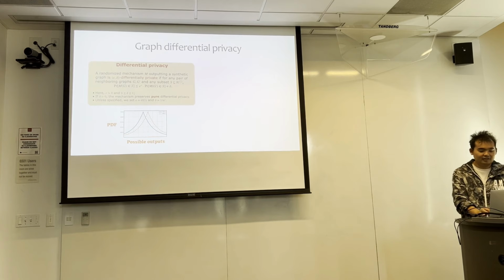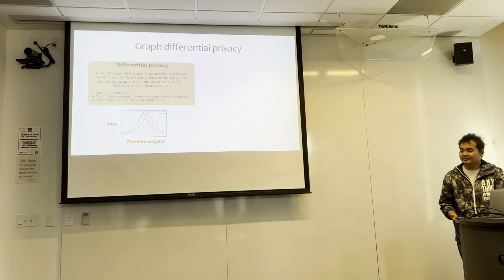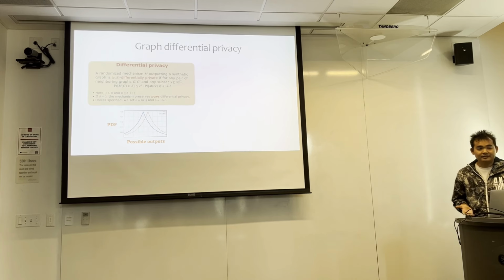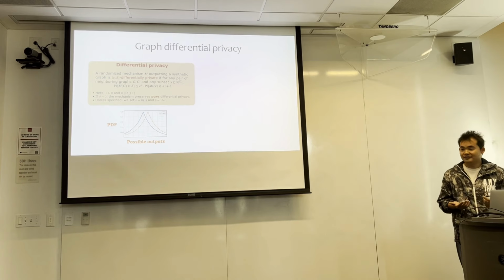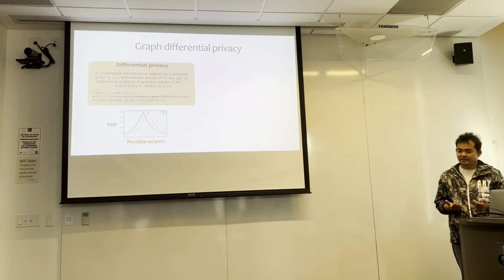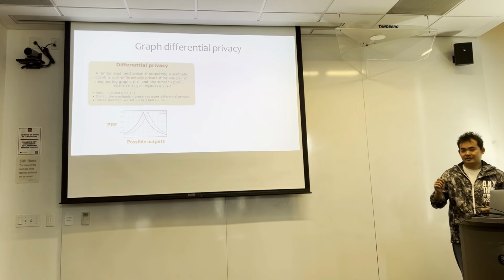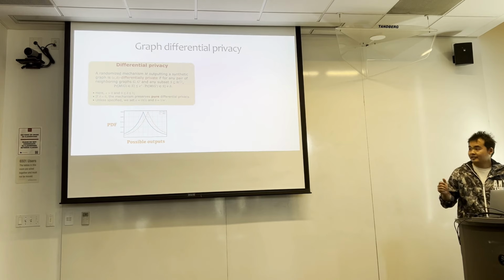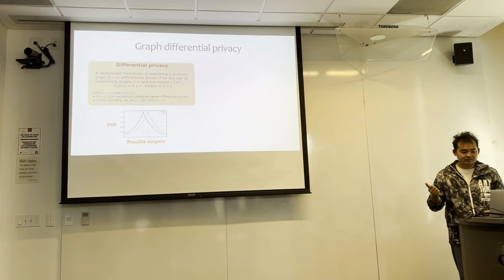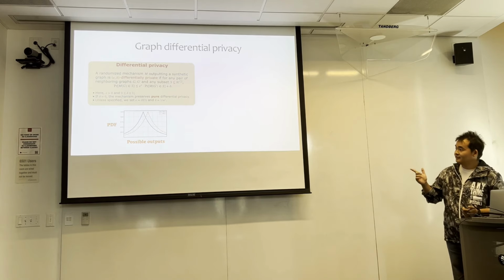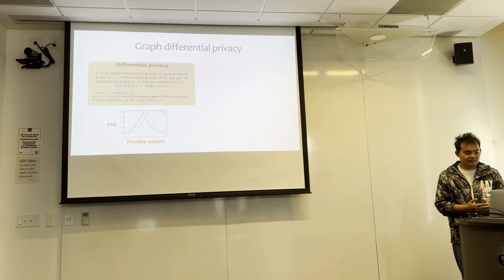Okay, so in order to study private graph analysis, let me briefly introduce the privacy notion I'm going to use. The mechanism for outputting a synthetic graph is differentially private if for any neighboring graphs that are close to each other, like G and G prime, the output distributions should be similar, and the similarity is measured by these two parameters, epsilon and delta.